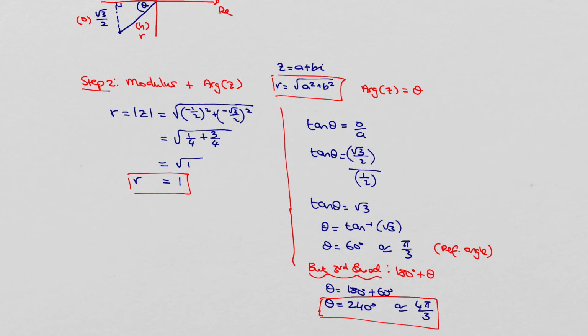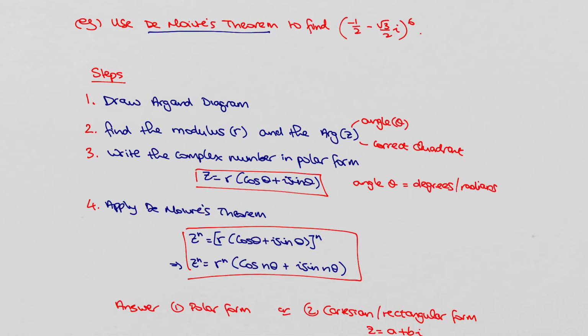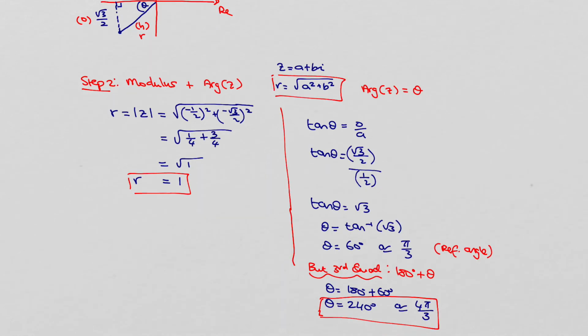So we've done step 1 and step 2 now, where we've gotten our Argand diagram and our modulus. If we go back to our steps, our next step, step 3, is to write the complex number in polar form and then apply de Moivre's theorem. Polar form is basically where we're going to have r times cos theta plus i sine theta.